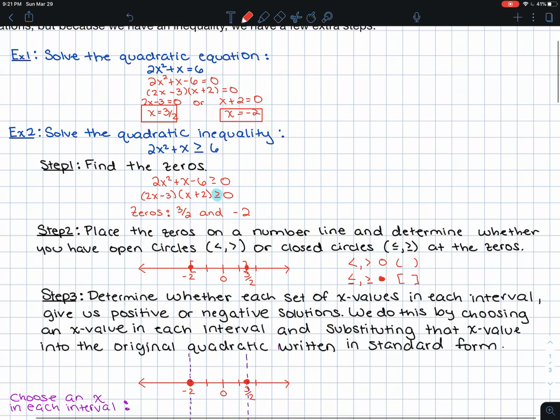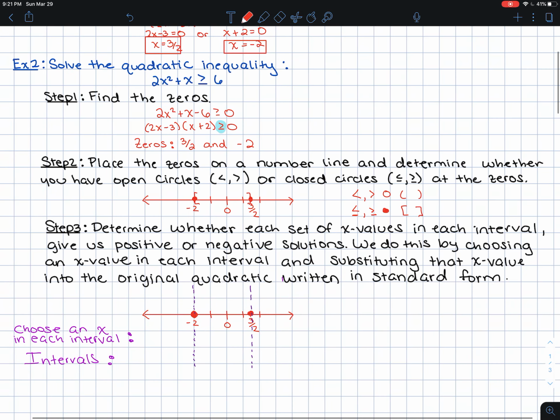Step 3. Now I want to determine whether each solution in each interval gives me positive or negative answers. I divided my intervals so you can clearly see them. You don't have to do this, but I did it anyways.